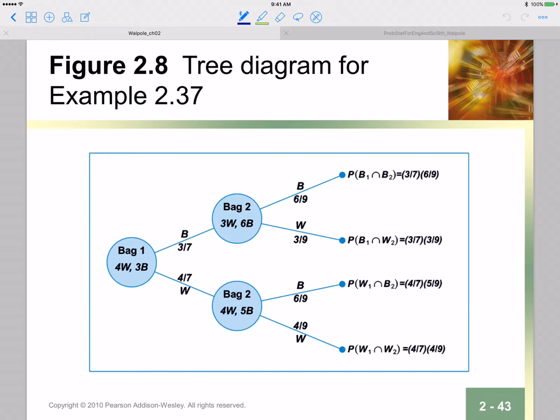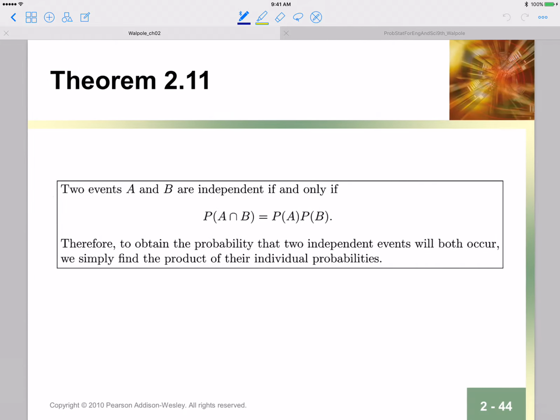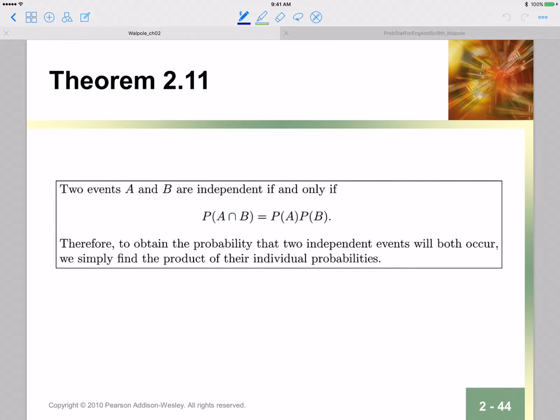Okay, I'll just skip this example. Now we consider the event where A and B are simultaneously happening, right?